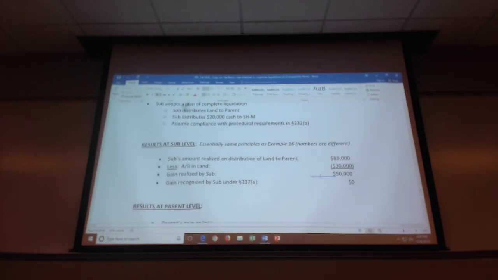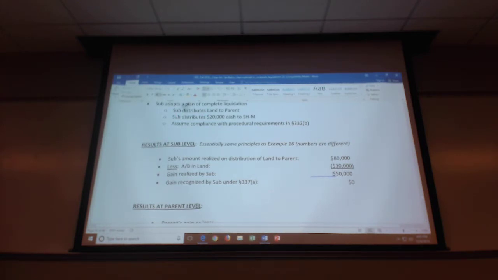What happens? Well, at the subsidiary level, nothing happens, because we have a distribution of appreciated property to an 80% or more parent stockholder.